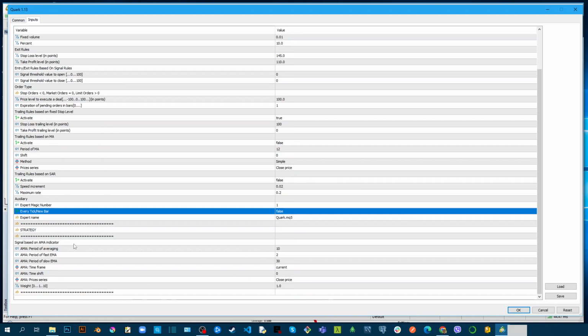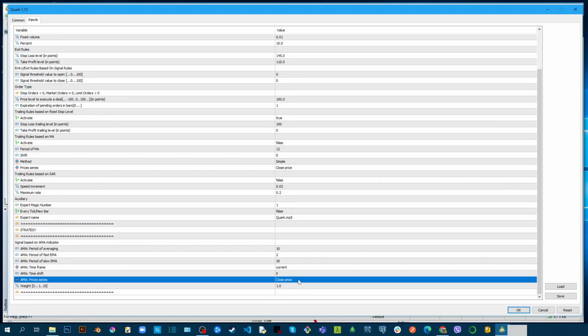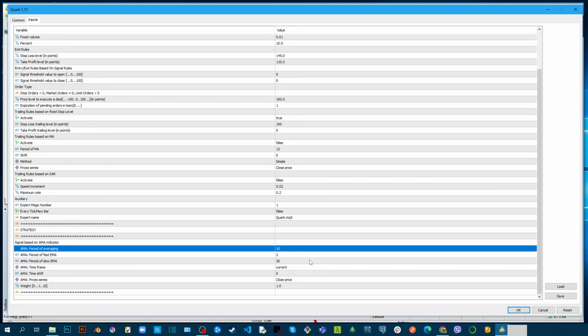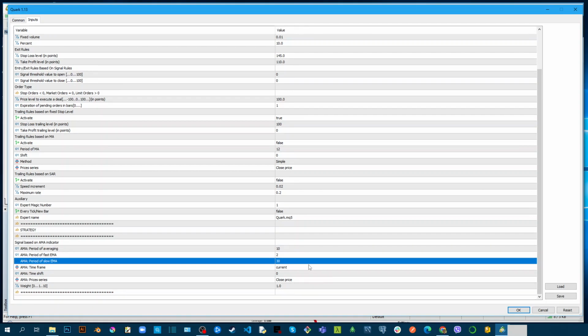Now, as you can see here at the bottom, we have only one strategy. This is a strategy based on the adaptive moving average indicator. We have some period here, and we have fast EMA and slow EMA.